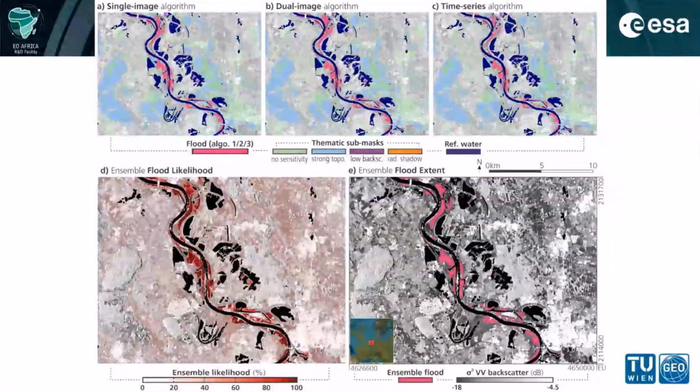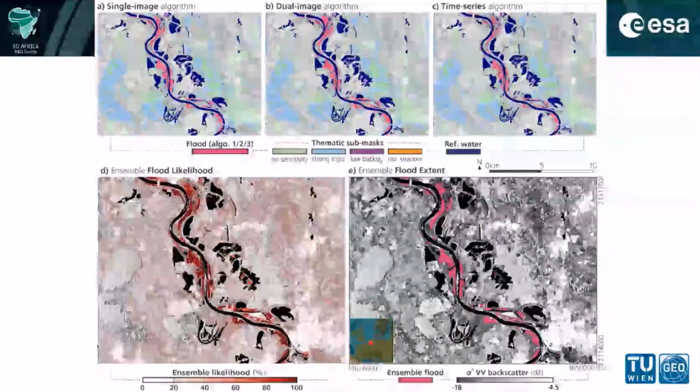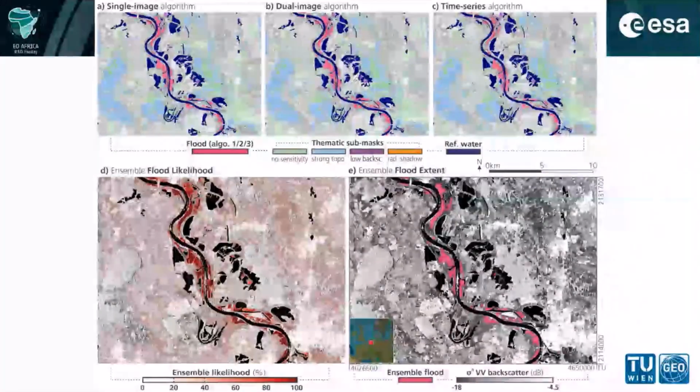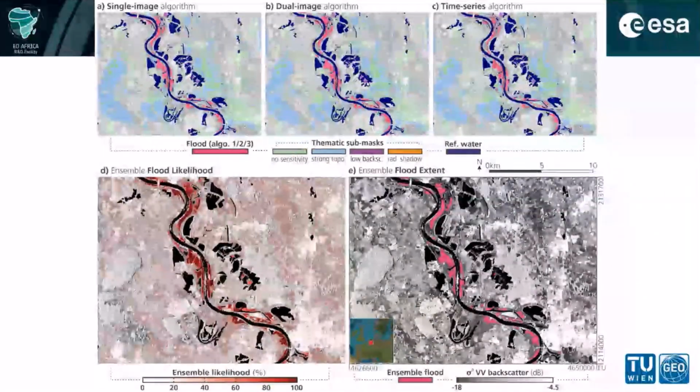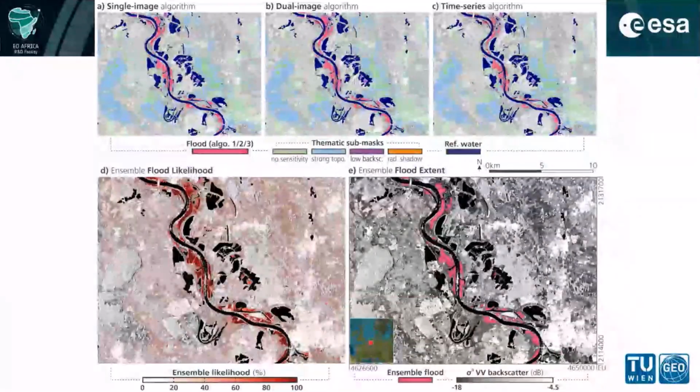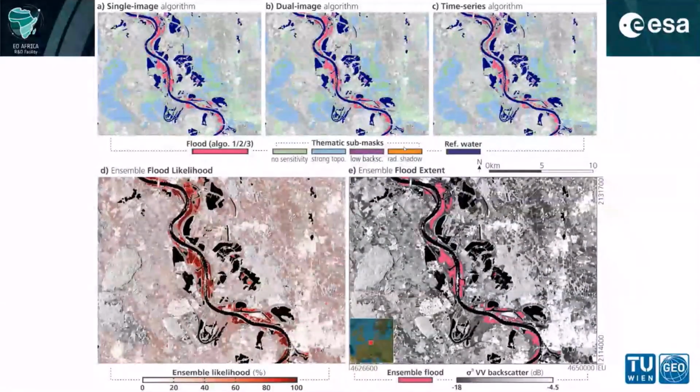There can also be confusion with low backscatter areas like airport areas. In this case, actually, I think the low backscatter areas shown are real water bodies that were not contained in our reference water layer. And some very few areas are also affected by radar shadows, but this is not really strongly seen here in the image.